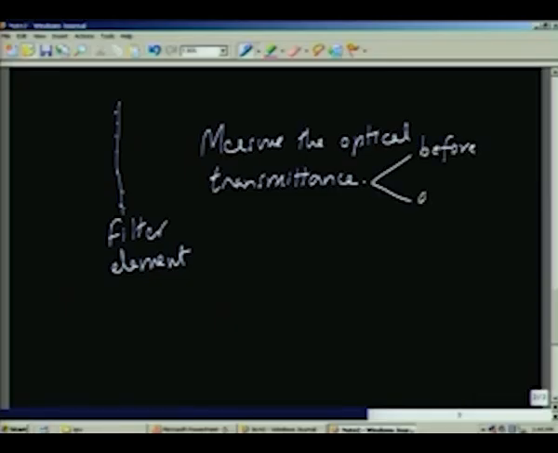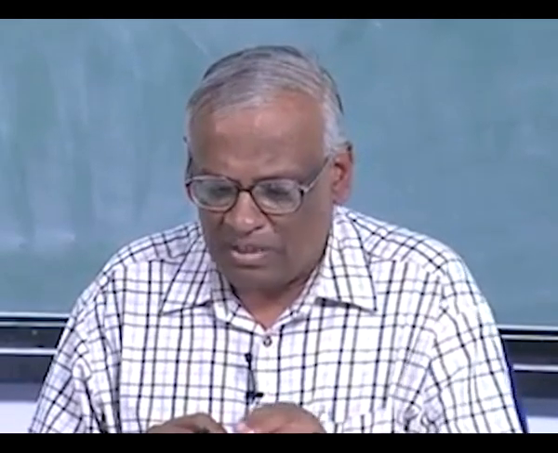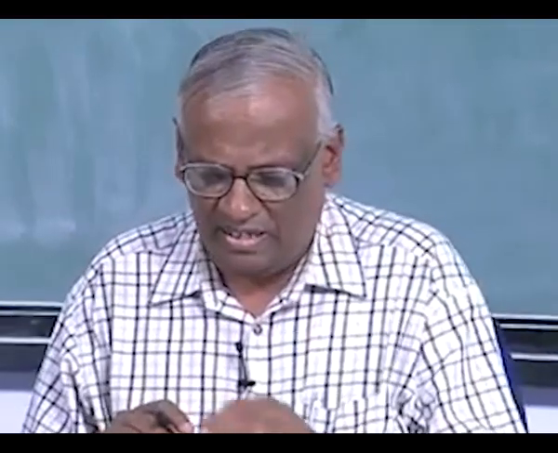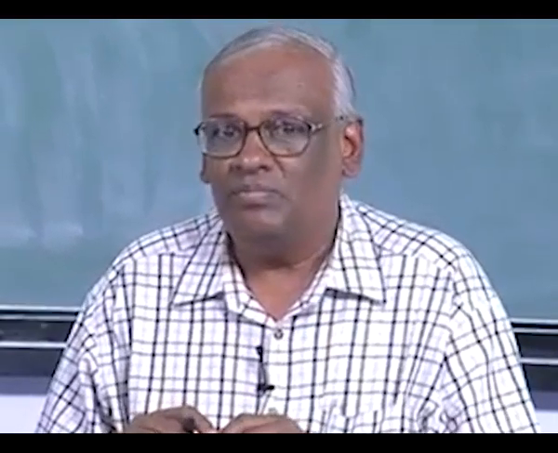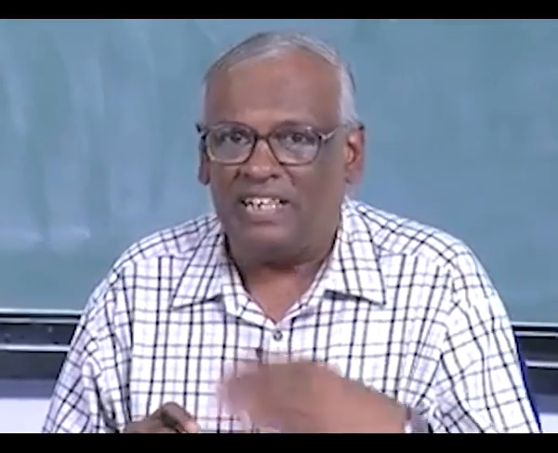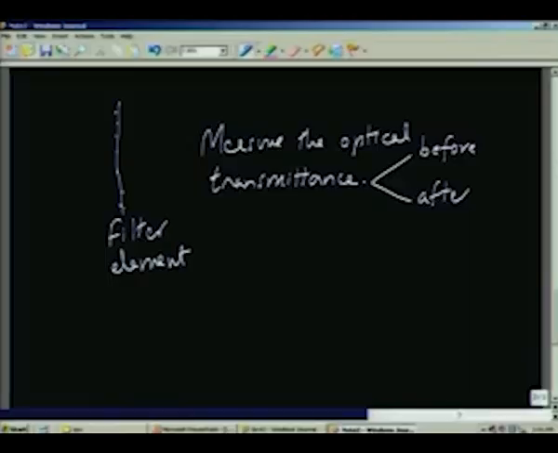The second one is to measure the optical transmittance before and after. That means that you have the filter element without any deposition, you find out what is the transmittance of that for visible light of some suitable wavelength or frequency, and then after the deposition has taken place, you find out what is the change in the transmittance. So, that can be another way of measuring. So, this is the second way of doing it.